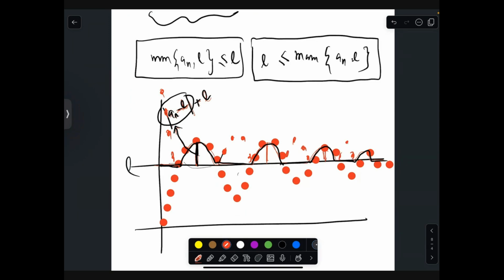This also should go to 0, because if an minus L is going to 0, then mod of an minus L is also going to 0, right? The length. And I just used that here. The good part is that an minus L is less than equal to mod of an minus L, right? So I wrote that an is less than equal to L plus mod of an minus L.